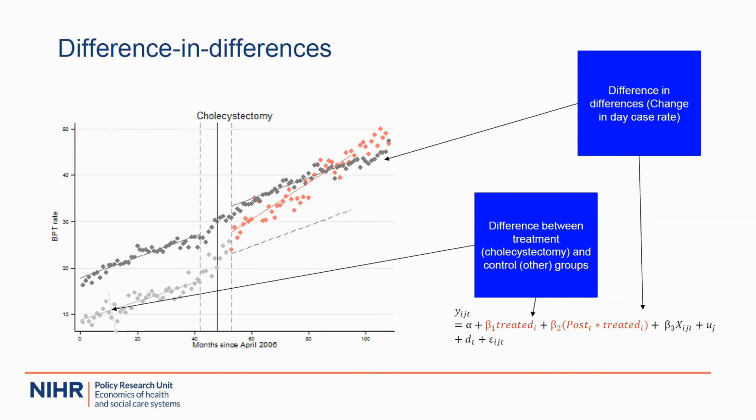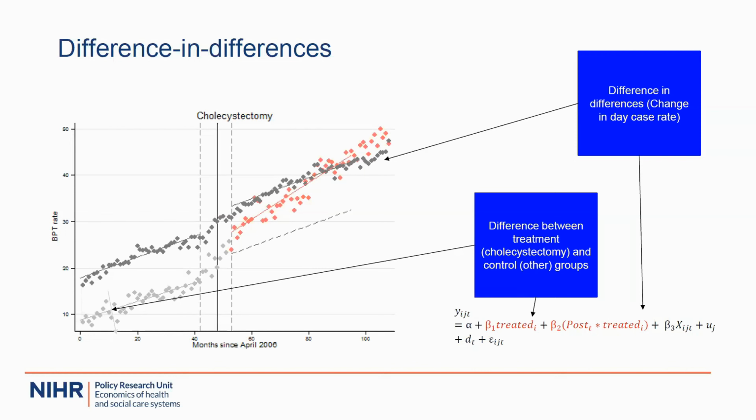We instead have, how did the day case rate change for other patients receiving procedures from the same general surgeons in the same theatres, but where hospitals weren't being paid differently between day case rate and overnight stay. They got exactly the same price for that. And those are the dark diamonds. It happens that the day case rate for those other procedures was initially higher than for cholecystectomy.